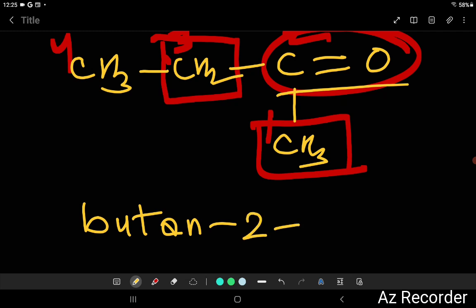So butan-2-one. Dear students, you must know the ketone group will never be at carbon number 1. If any C double bond O group is present and you are feeling it is number 1, then it is not ketone. It may be aldehyde.